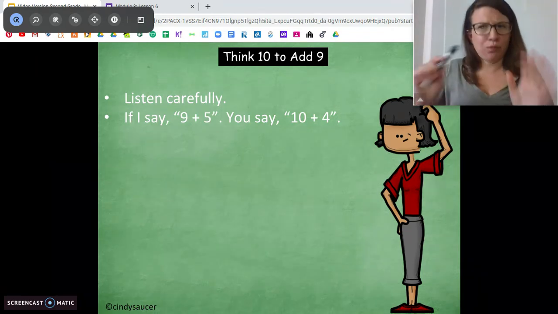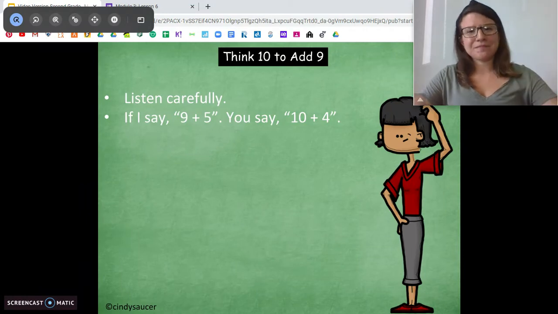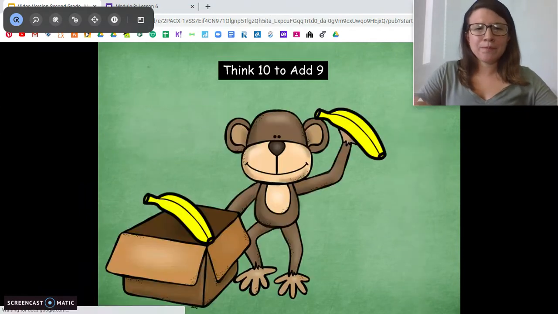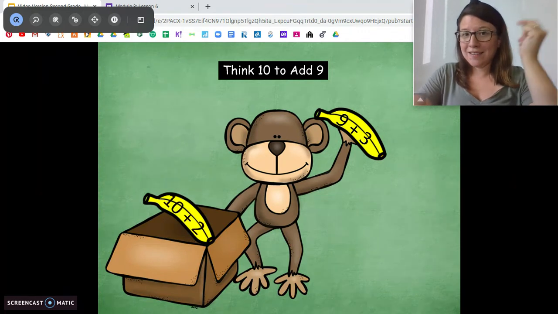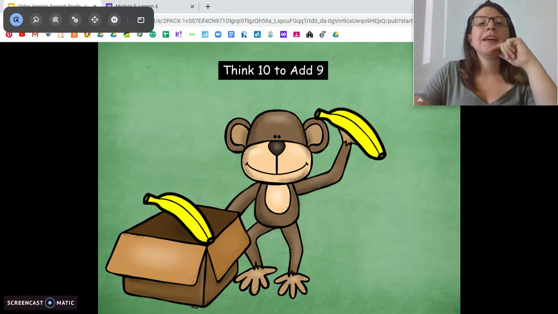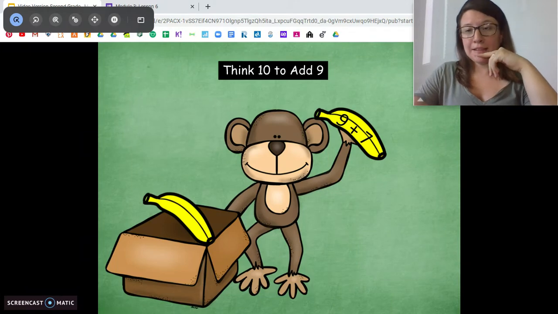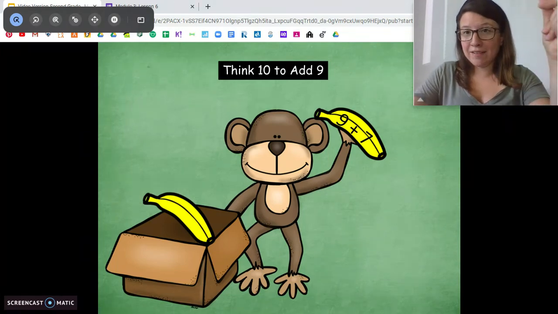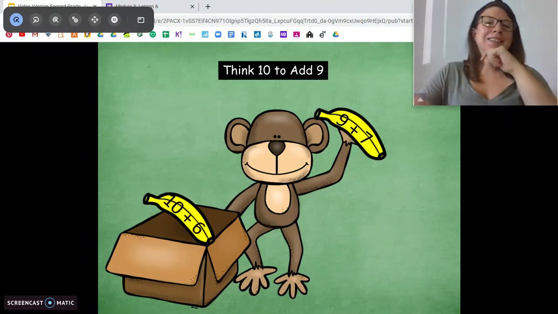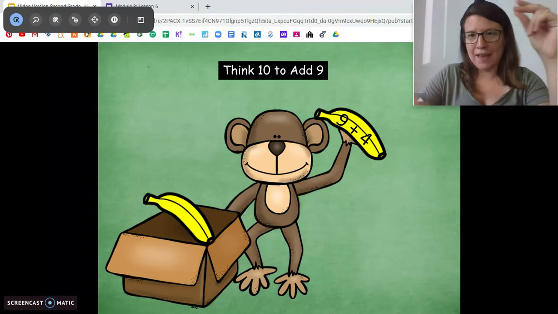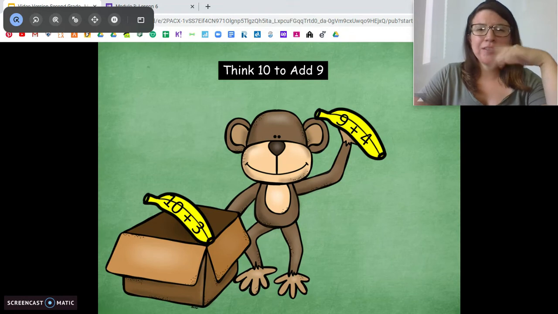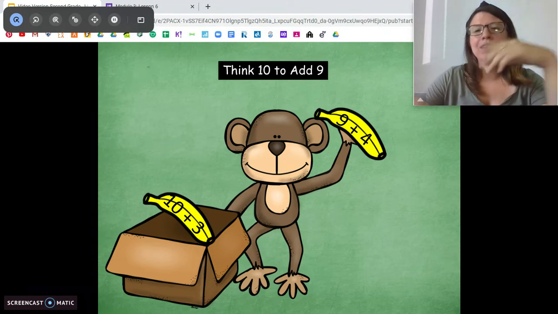Here we go. You'll probably start to notice a pattern. Let's go. If I give you 9 plus 3, you get 10 plus 2. Awesome. If I give you 9 plus 7, you say 10 plus 6. Good work. If I give you 9 plus 4, you say 10 plus 3. Should be noticing a little bit of a pattern here. Here we go.